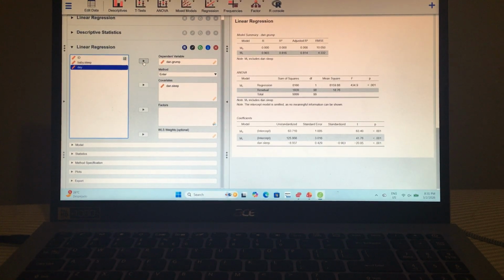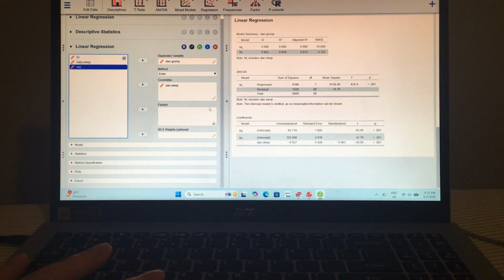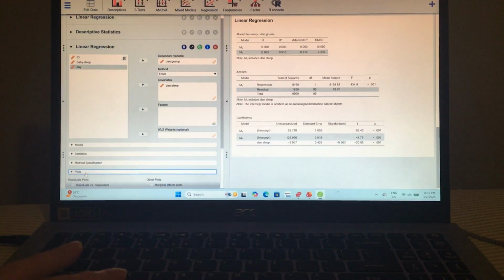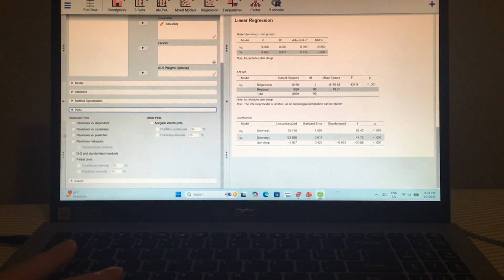Under plots, we're going to check the box next to residuals versus predicted. So go to plots, residuals versus predicted.